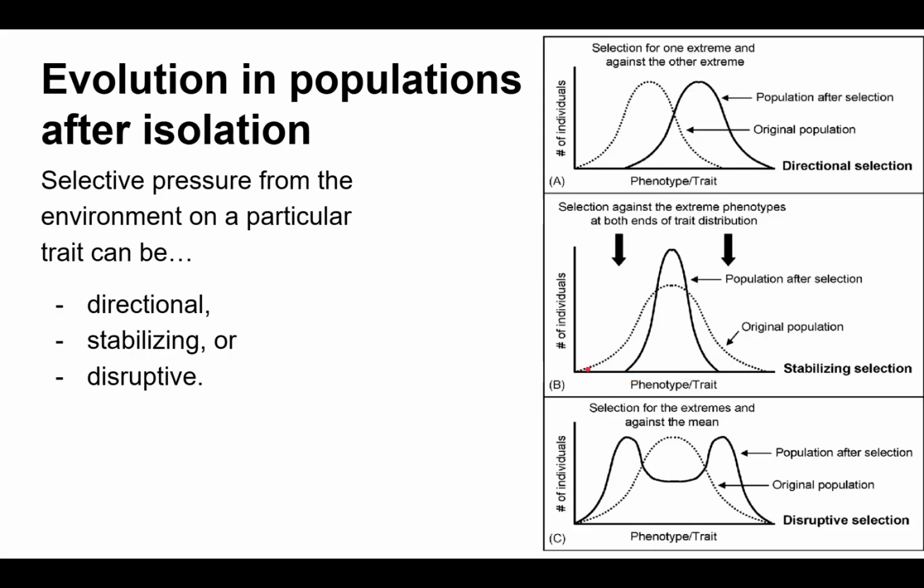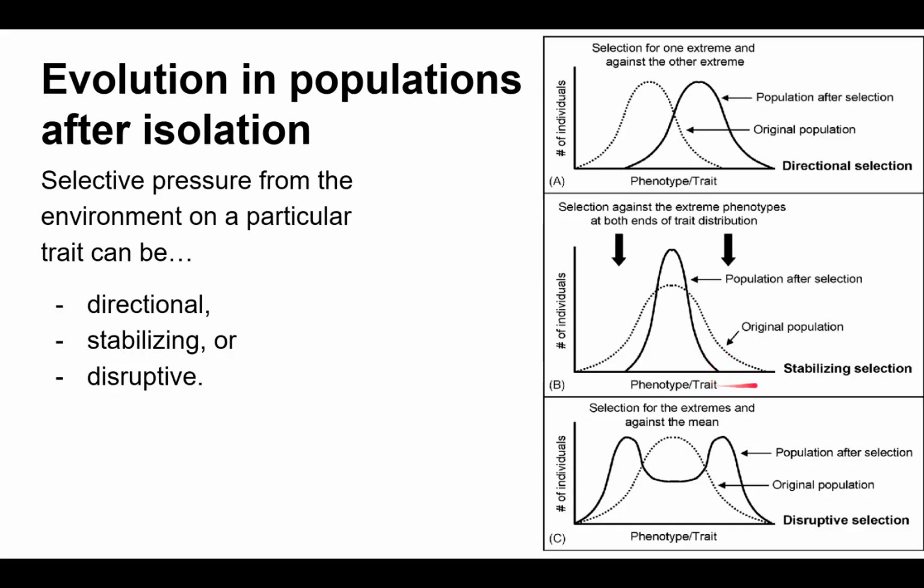A good example of this is egg size or clutch size in birds. Let's imagine we have a bird that has a mean clutch size of about 4 eggs. Well, if a nesting pair has, let's say, 8 eggs, way out here, they're probably not going to be able to get enough resources to feed all 8 offspring. So they may lose most of their offspring because of that, right?